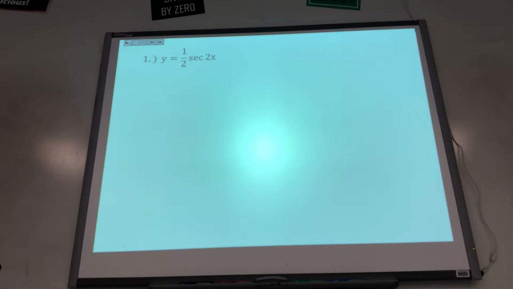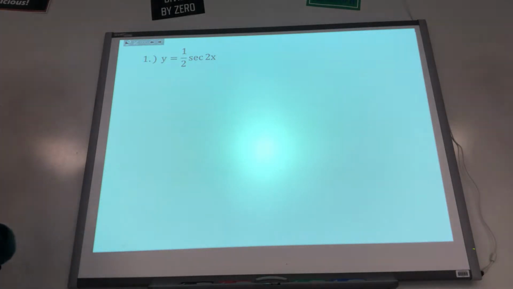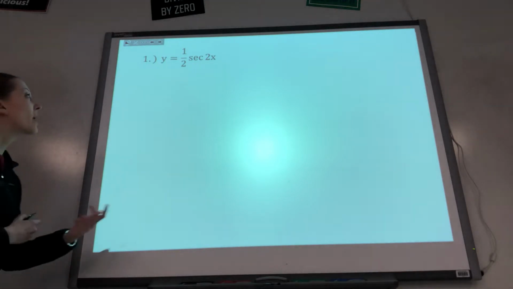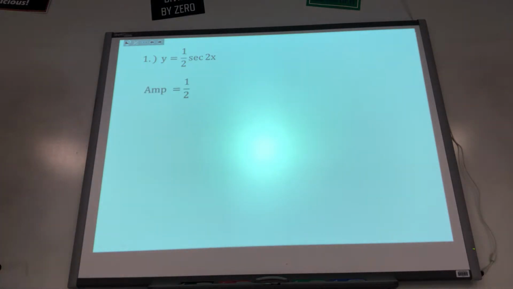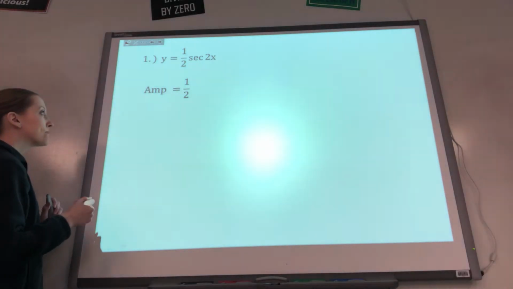So first one, y equals 1/2 secant of 2x. Amplitude first. Absolute value of 1/2 is 1/2. So that's not too bad.